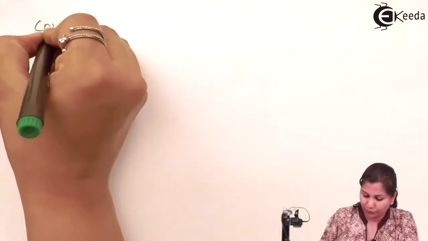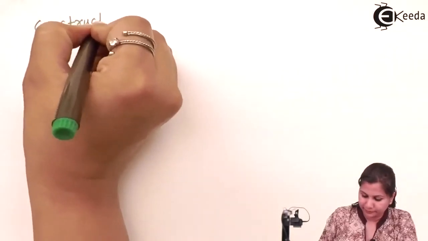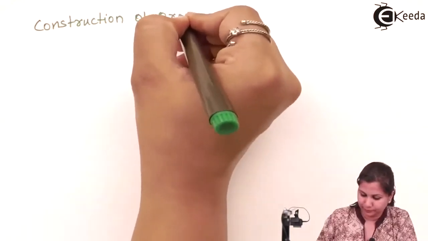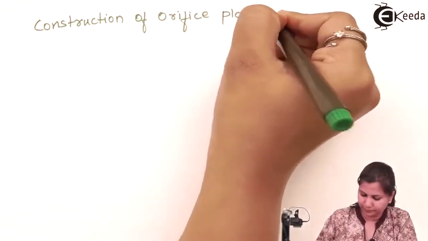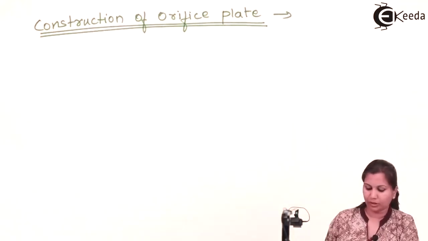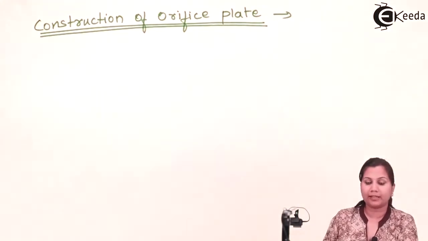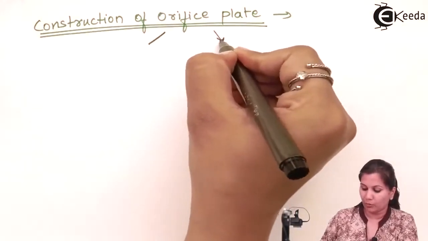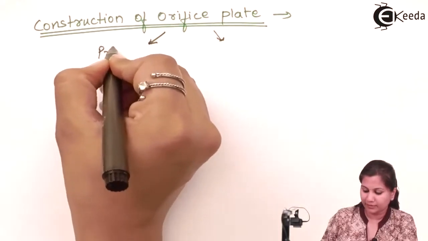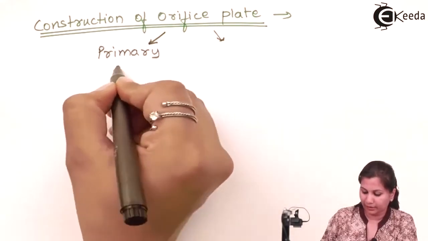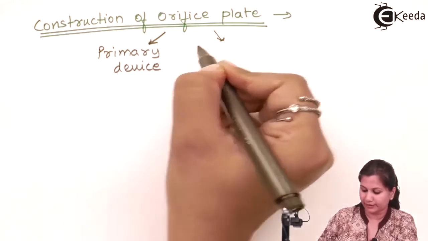So this was about the basic principle of working of the orifice plates, how they measure the flow rate by measuring the difference in the pressure. Now let us see the construction of the orifice plate. The orifice plate basically consists of two devices. One is the primary device and the other is the secondary device.